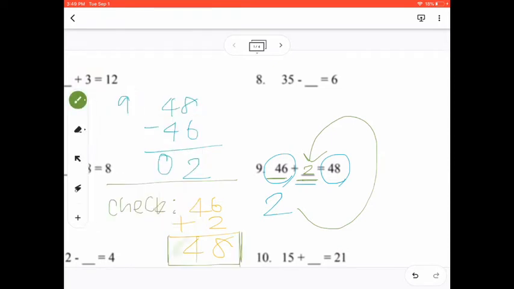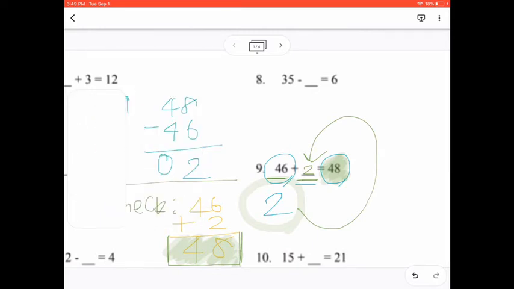Now, is this answer the same as this number right here? Yes, it is. So that means the answer you got, 2, is correct.